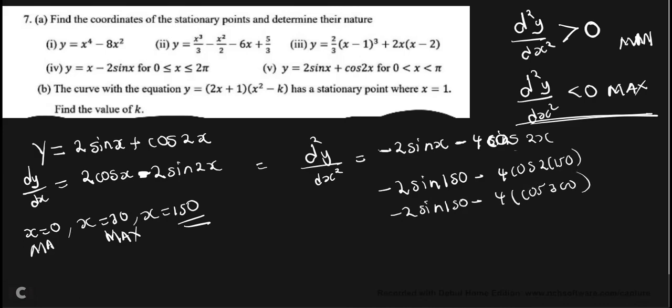Meaning that here, sine 150 is your sine 30 in short.